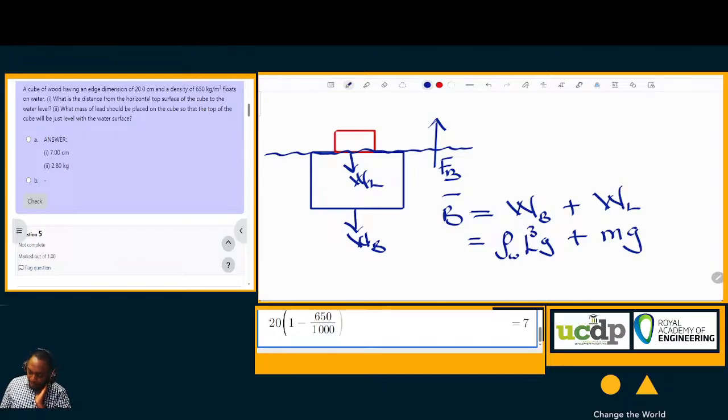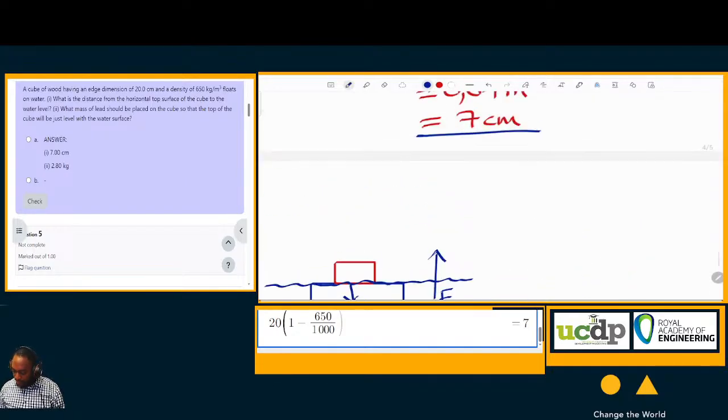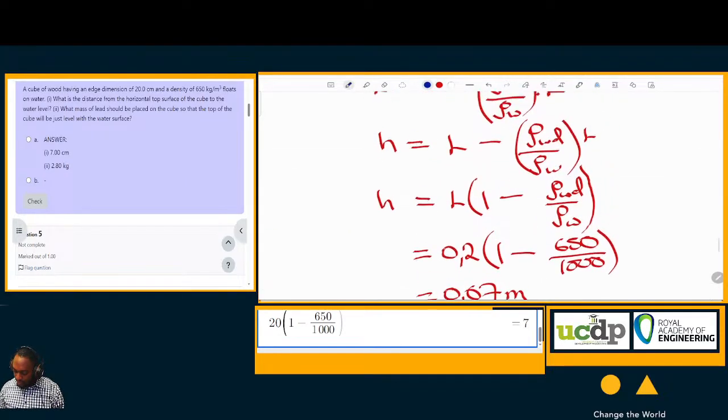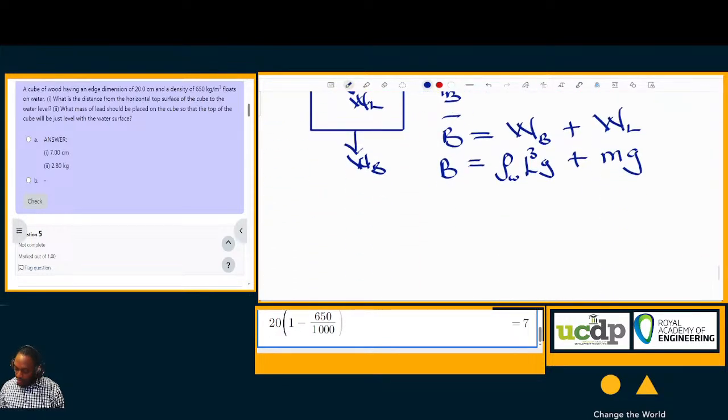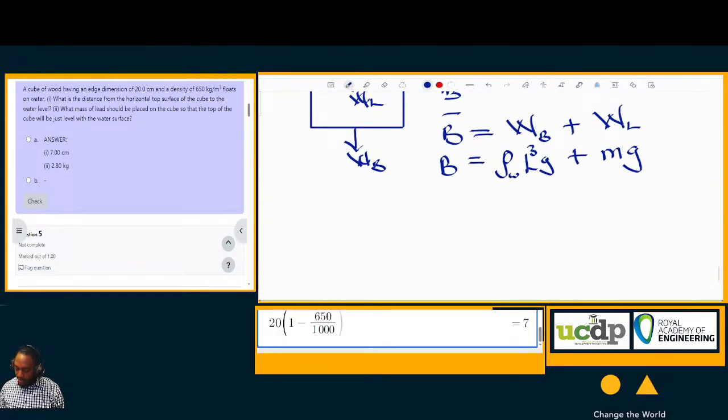Right. Then what mass, you already calculated your buoyancy earlier on. I'll leave that for you to simplify further and see what you get after substituting to determine the mass of the block.